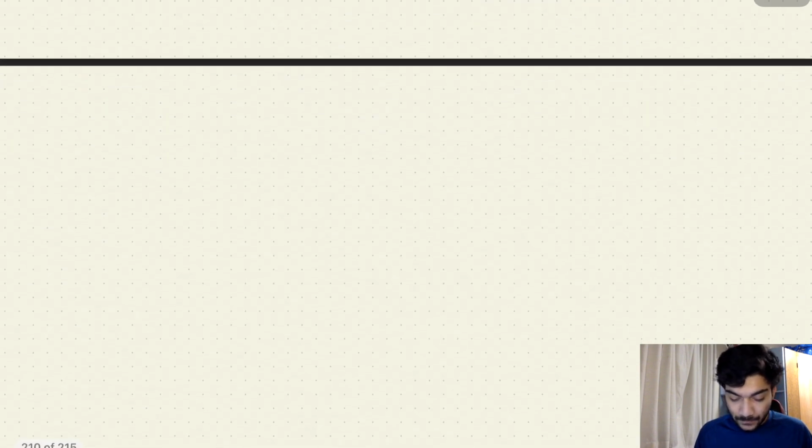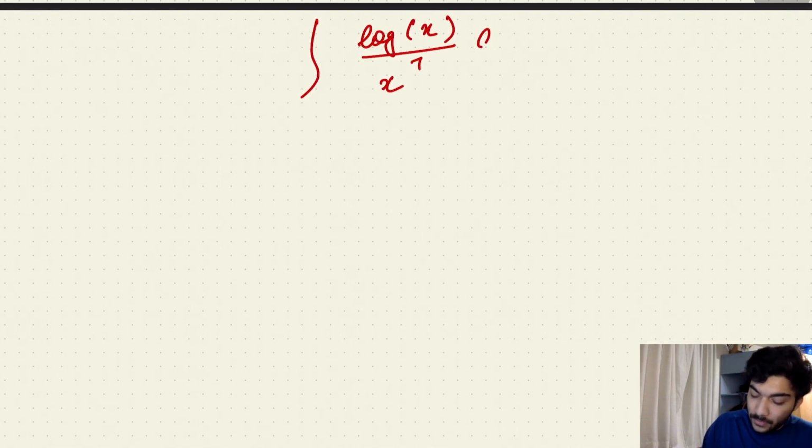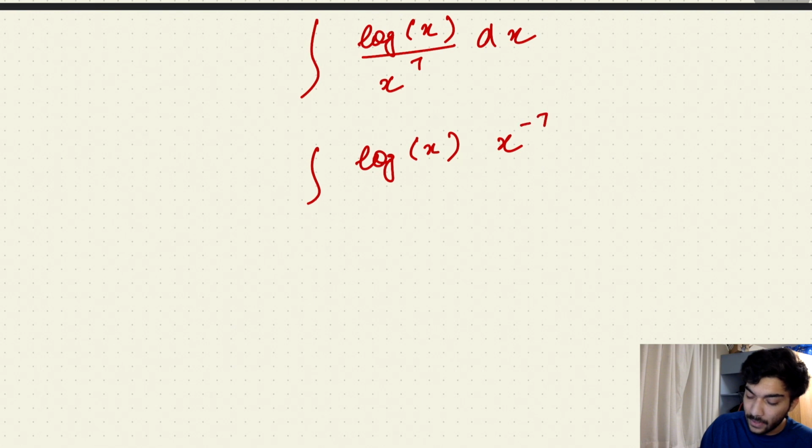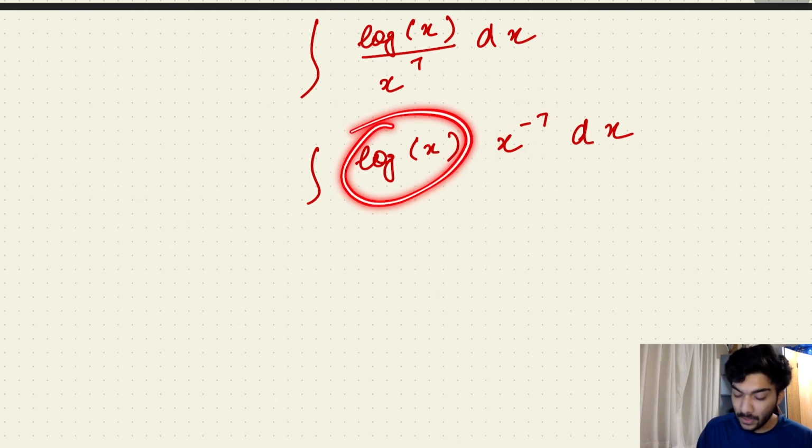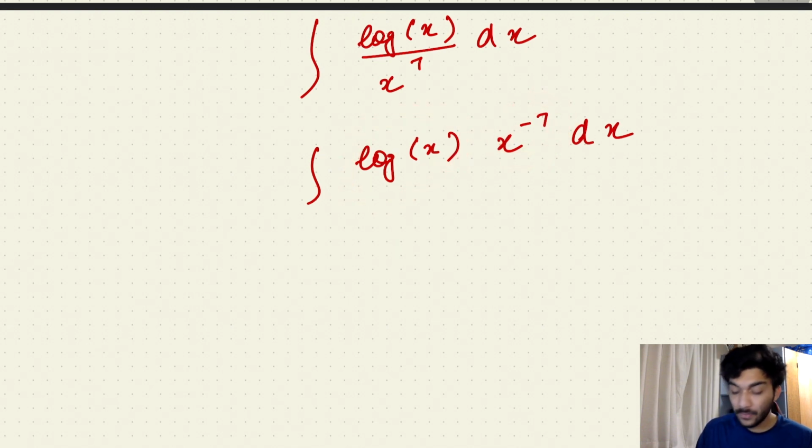So again, in this question you have to calculate the integral of log of x upon x to the power 7 dx. So in order to simplify this, let's write this as log of x times x to the power negative 7 dx, right? Since we don't know the integral for log of x, but we indeed know the integral for x to the power minus 7, we'll consider our g of x, which is the second function, to be this one, and the first function would be log of x.